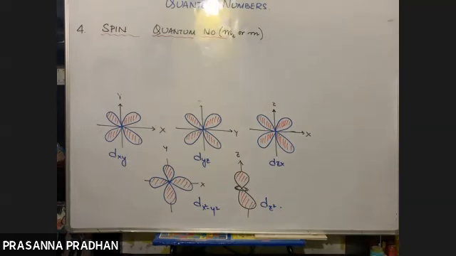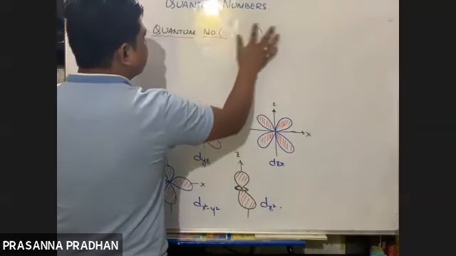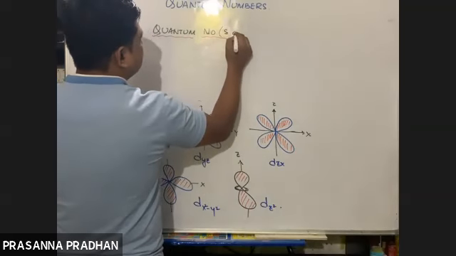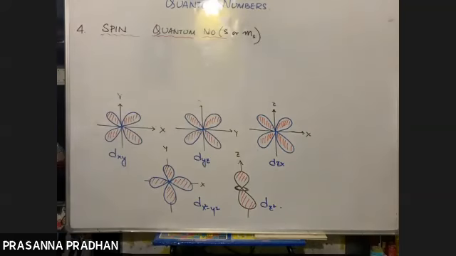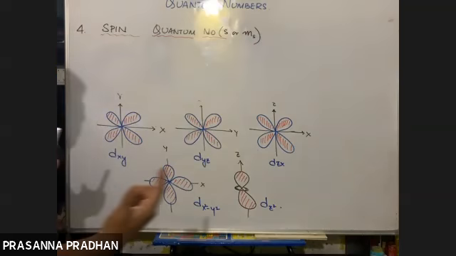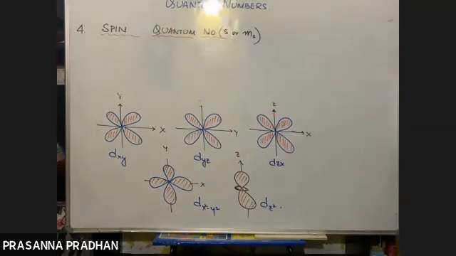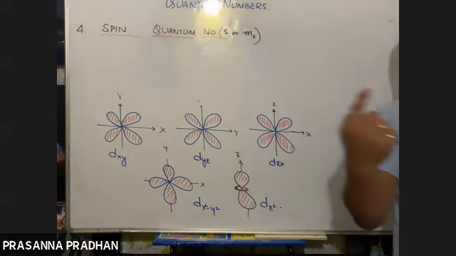So what is this spin quantum number? We denote it by small s, or sometimes ms as well, but normally we denote it by small s. Now, in addition to the circular motion around the nucleus, the electrons revolve around their own axis, right?